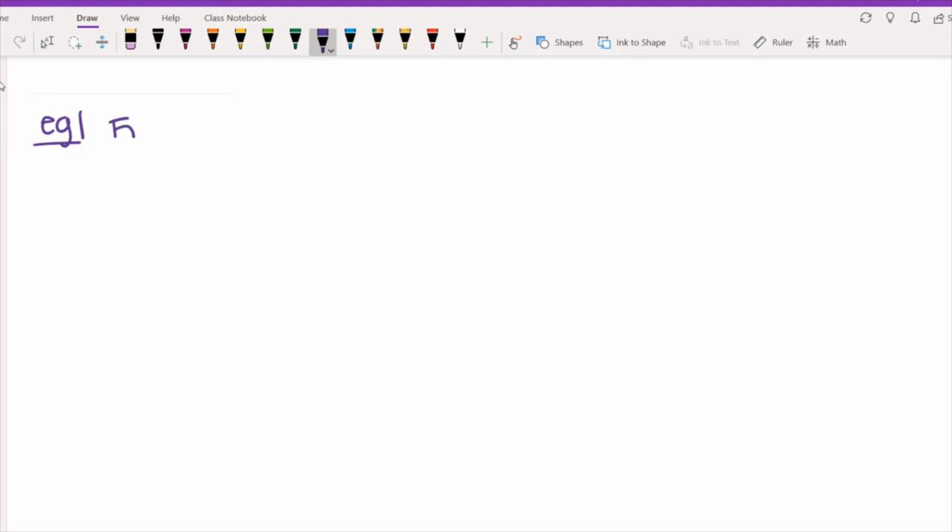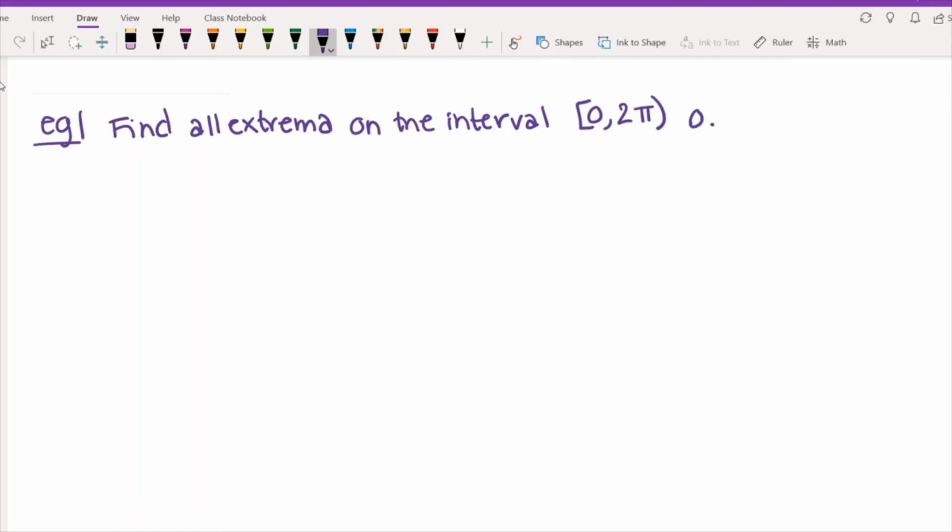So we're going to, again, find all local extrema on the interval from 0 to 2 pi of the function h of x is equal to sine of x plus cosine of x. Because when you're solving trig equations, there are going to be infinite solutions, but in order to make our lives simpler, let's just focus on one part of the graph because the graph is going to keep repeating.